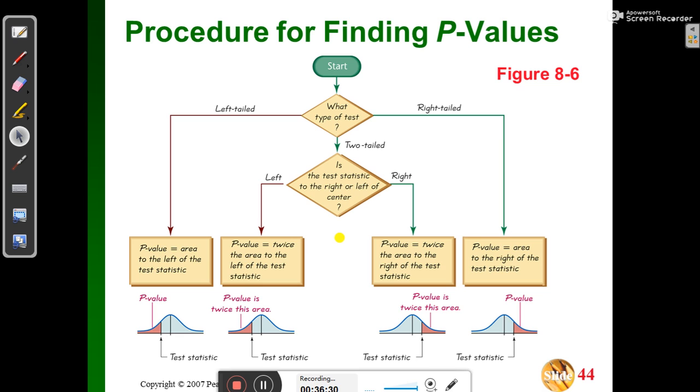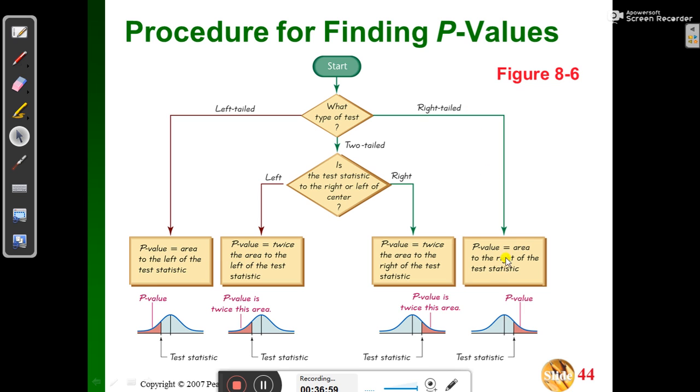So again, here is the procedure for finding p-values. Start: what type of test? It might be a left tail test, a right tail test, or a two tail test. In case of a left tail test, the p-value is equal to the area to the left of the test statistic.